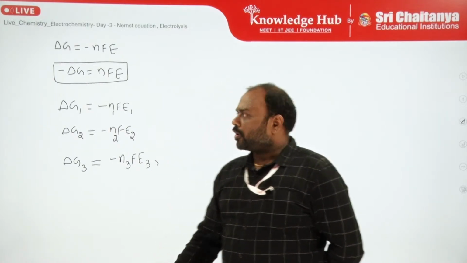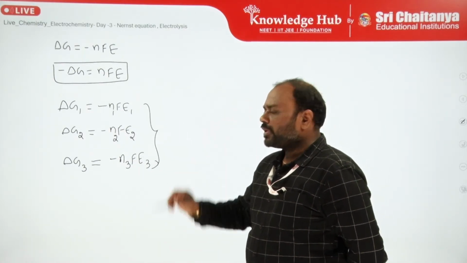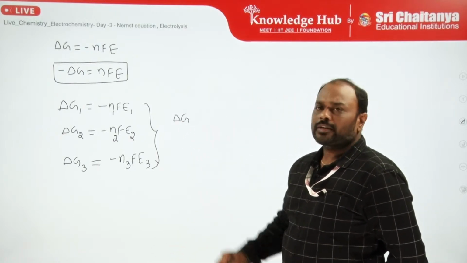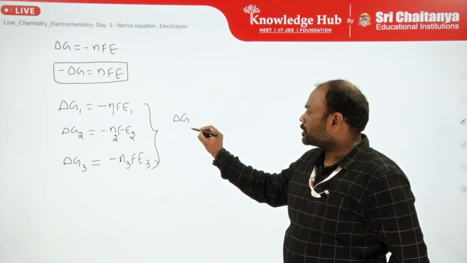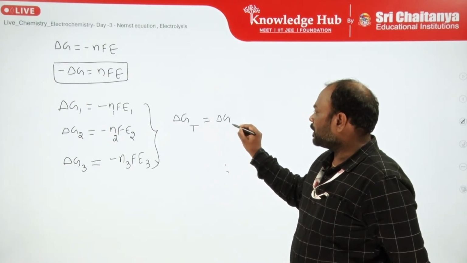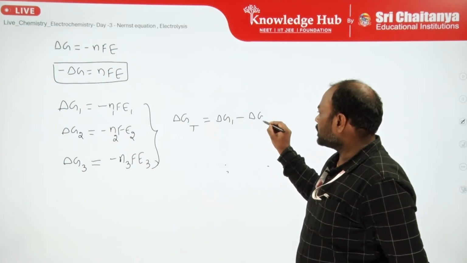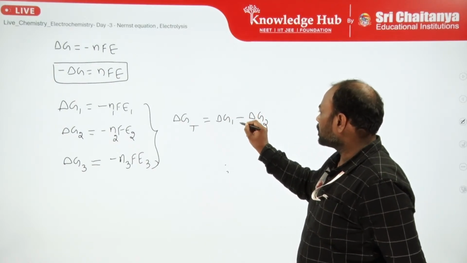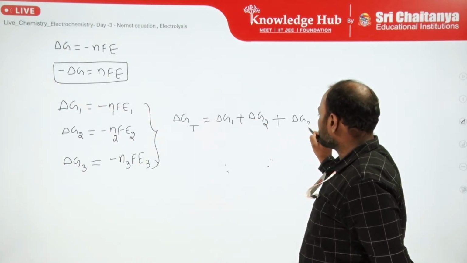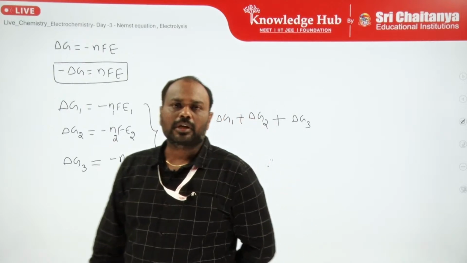By using all these three, we get the total delta G. Delta G total equals delta G1 plus delta G2 plus delta G3, since different steps are involved.